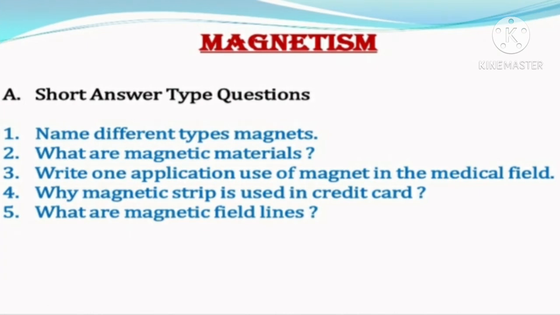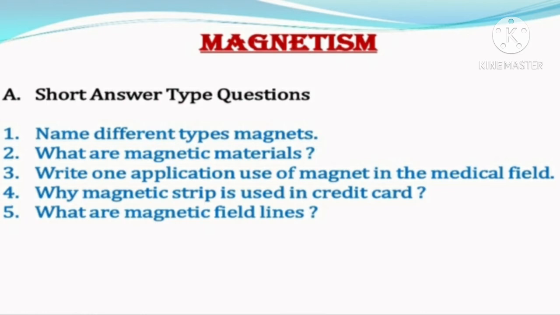Short answer type questions. Question number 1. Name different types of magnets. Answer: permanent magnets. Second, temporary magnets. Third, electromagnets. Question number 2. What are magnetic materials?